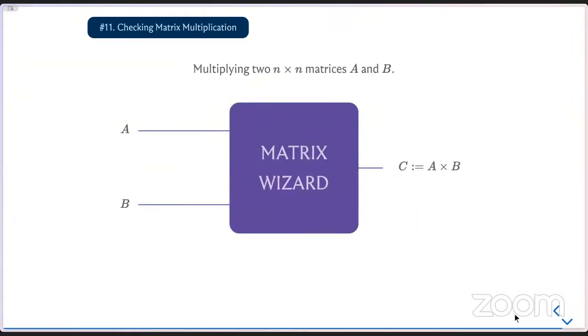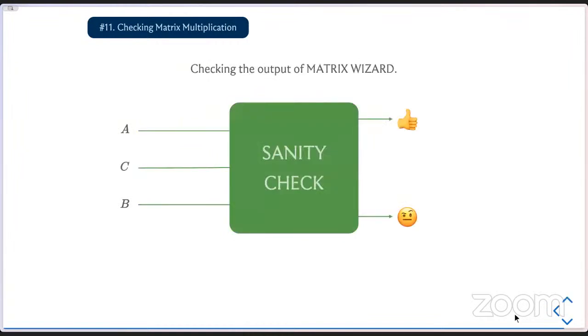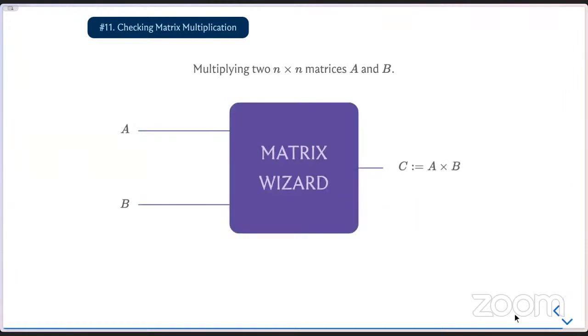We just want to come up with a validation algorithm. And of course, one way to validate matrix multiplication is to multiply the matrices ourselves. But we don't want to do that because the whole point is that we don't have all this time to multiply matrices. So we want to take advantage of this suspicious looking thing, but we want to do it without wasting a lot of time.